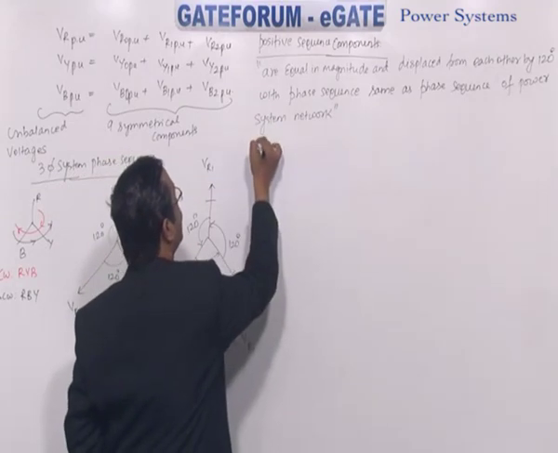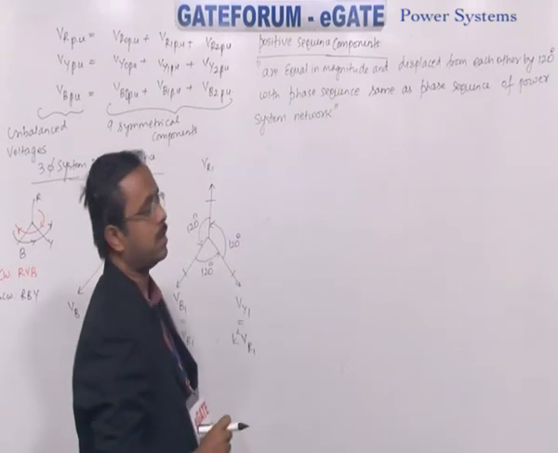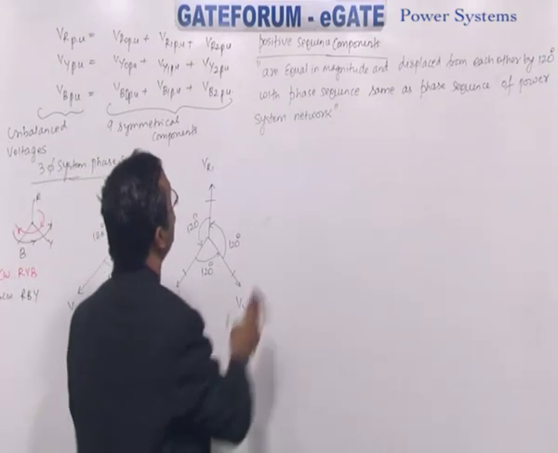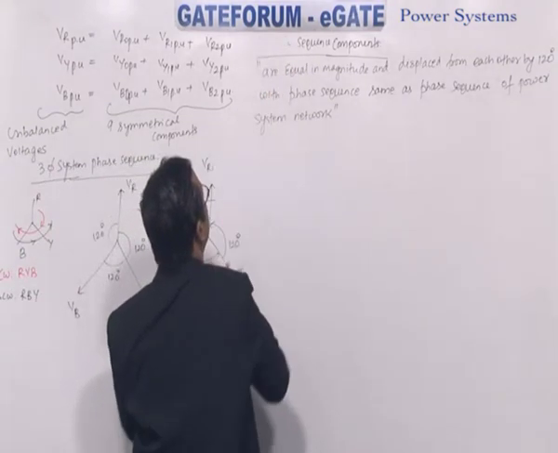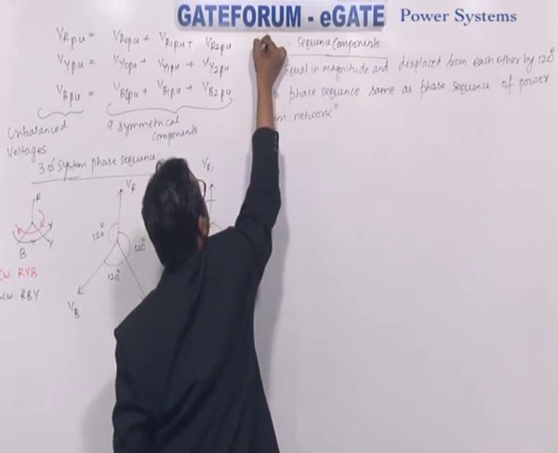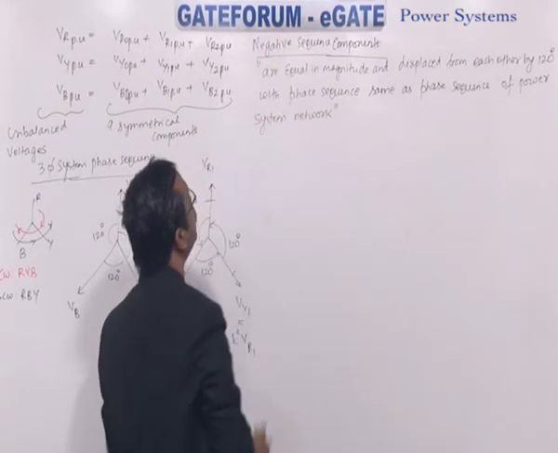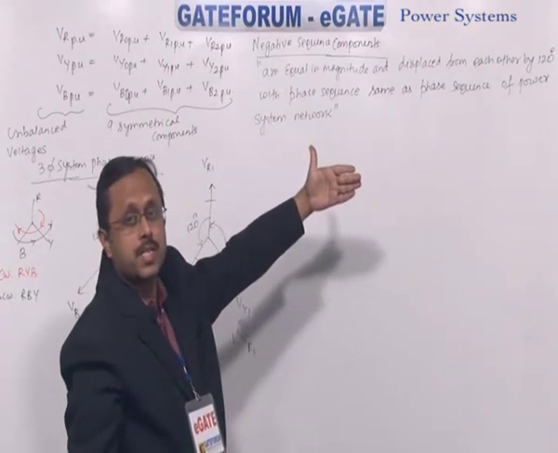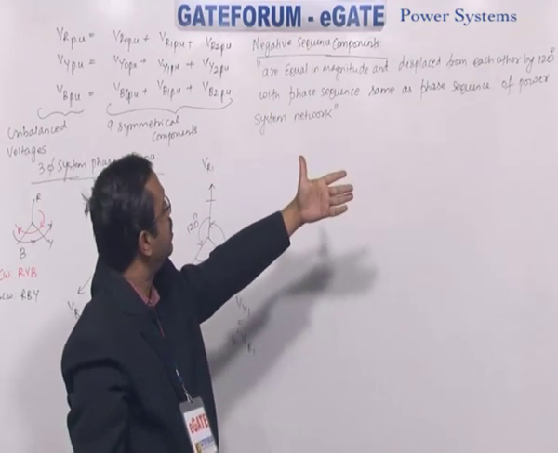Now we have negative sequence components. So what about next negative sequence components? Almost similar definition to positive sequence components. They are equal in magnitude and displaced from each other by 120 degrees.